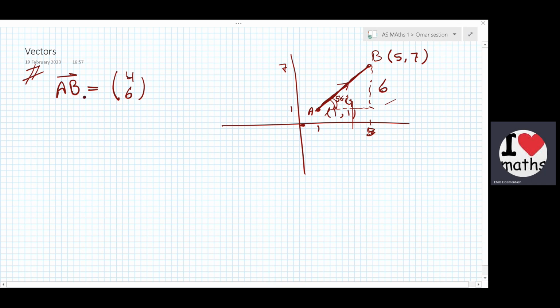First of all, the vector AB goes from the point A to the point B. This point is 1 and 1, and the other point is 5 and 7.